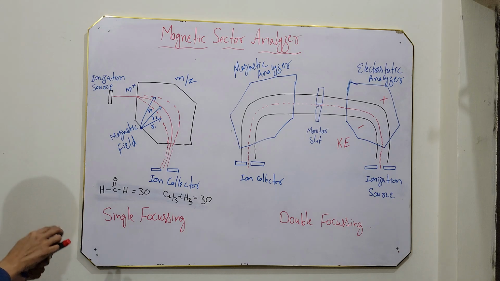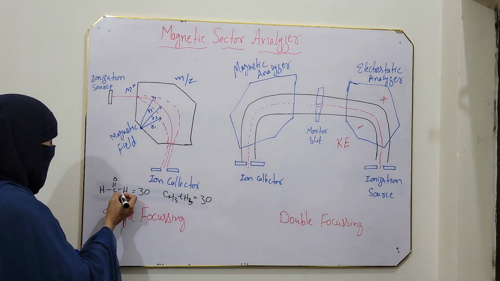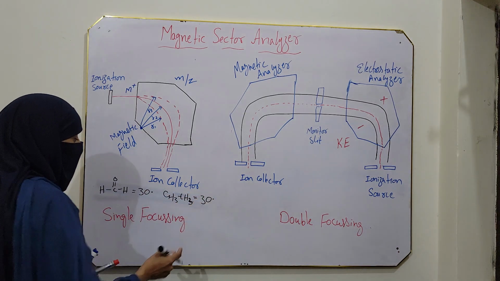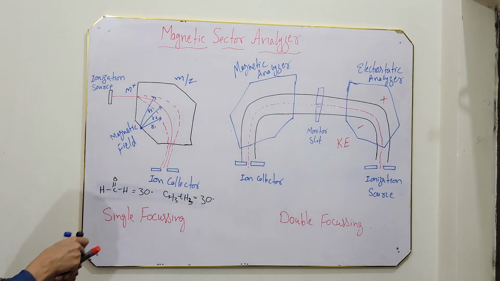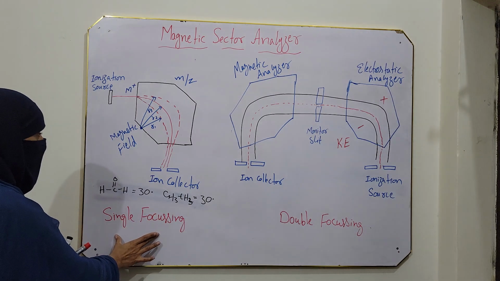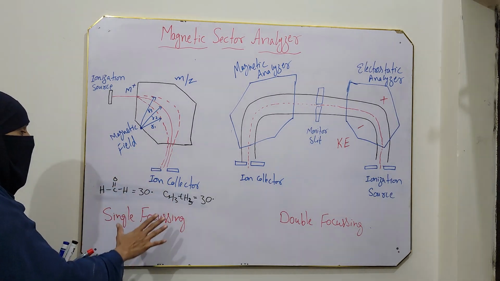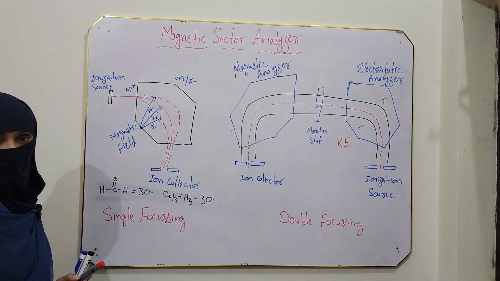So both have mass 30. There is a difference when we put in their exact atomic mass, and after the decimal point there is a difference in their mass, but in round figures there is no difference. Both have mass 30. So this single focusing mass analyzer cannot separate these two compounds because its efficiency is not high enough.